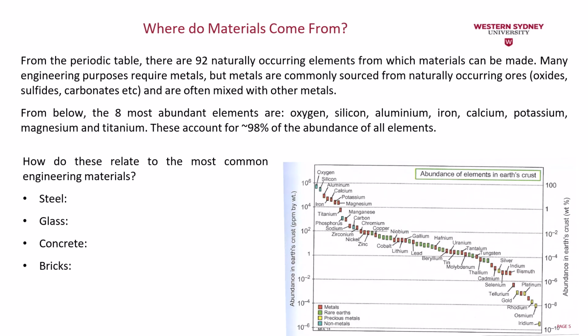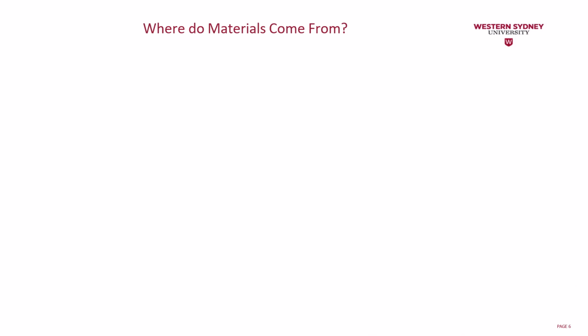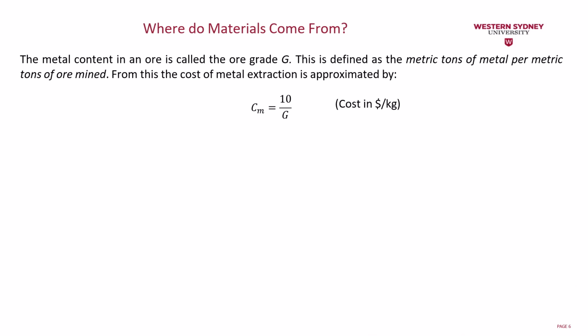So how do these relate to the most common engineering materials? Can we get an idea about steel, glass, concrete, and bricks? The metal content in an ore is called the ore grade G, and this is defined as the metric tons of metal per metric tons of ore mined.